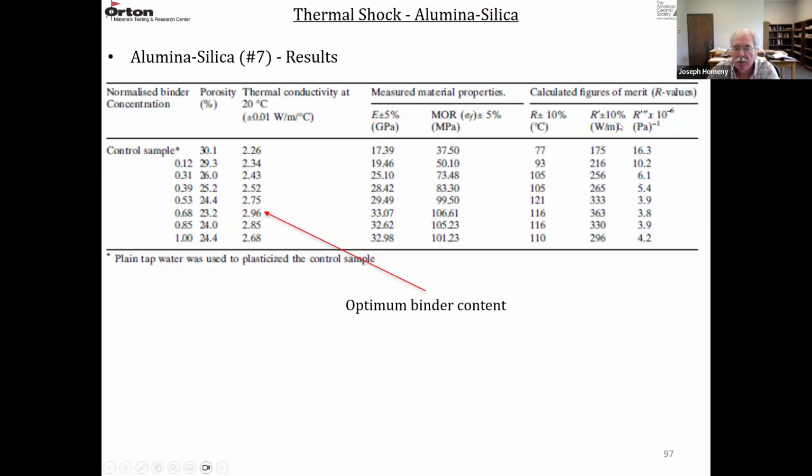R prime, for a more gradual quench, again reaches, and this is in watts per meter, a maximum in this about 0.7 binder range. Then R3 prime times 10 to the minus 6 in inverse pascals starts out high at 16 and continues to drop to around 3 or 4.